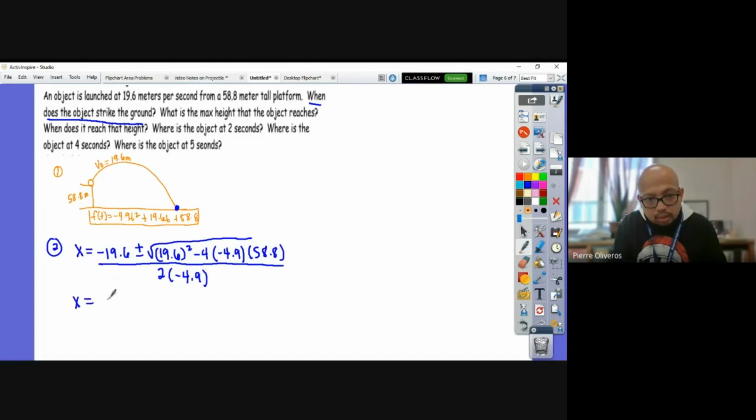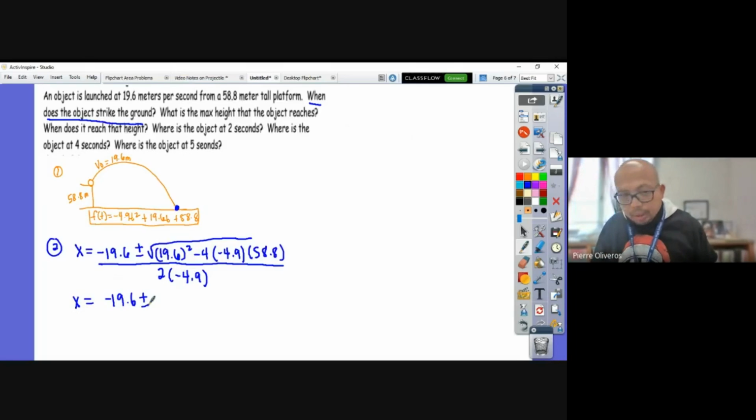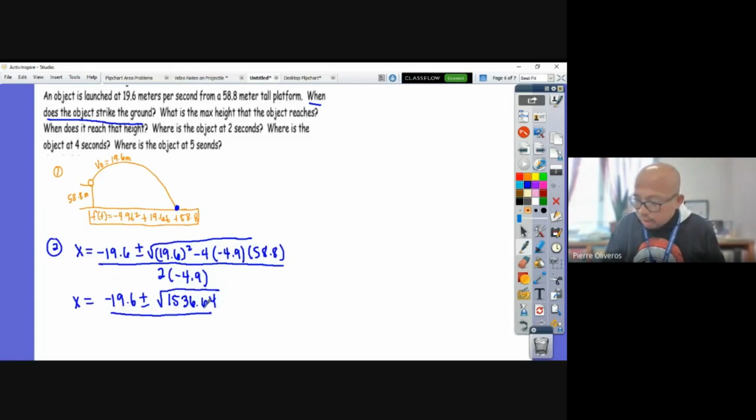From here, I'm going to use my calculator. 19.6 squared minus 4 times negative 4.9 times 58.8 gives me a square root of 1536.64, all over negative 9.8.